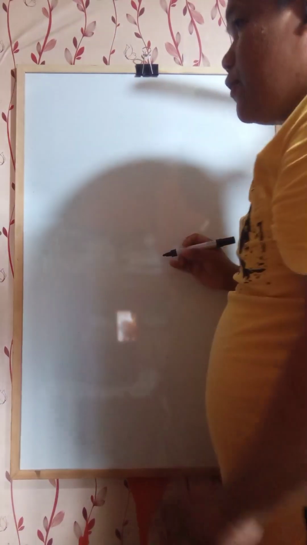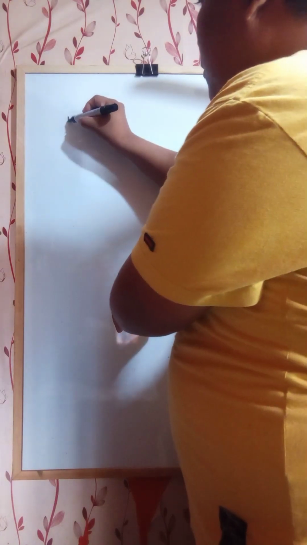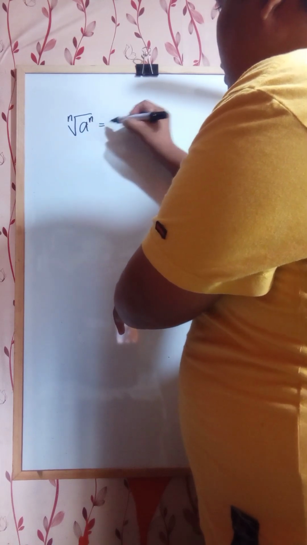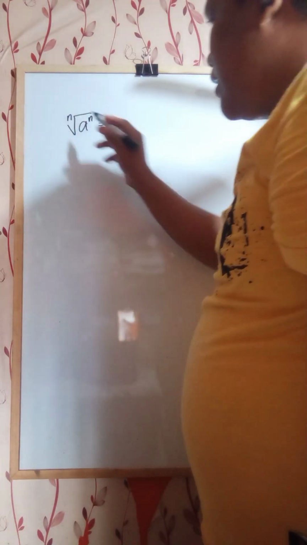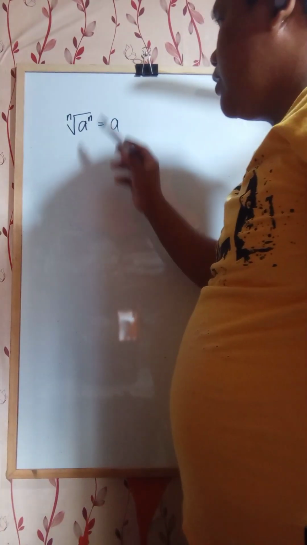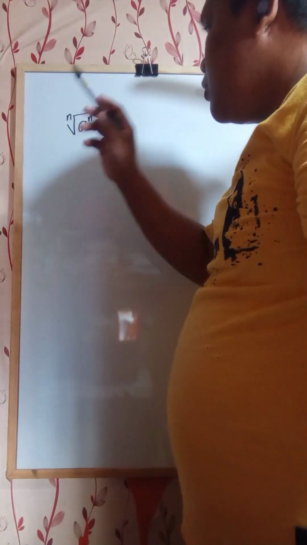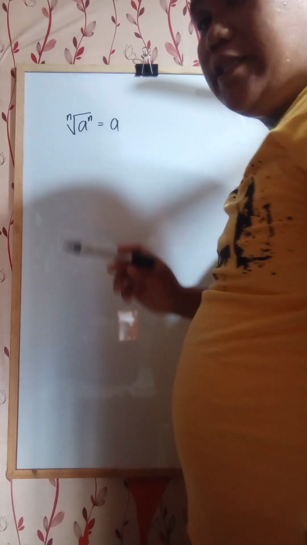The first law of radicals is in the form of the nth root of a to the power of n, which equals a. As long as the index and the exponent of the radicand are the same, you cancel them out and remove the radical sign, so what remains is the radicand, which is a.